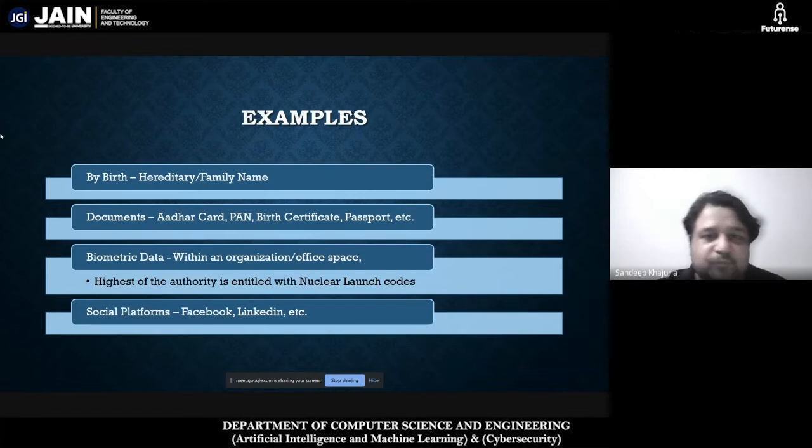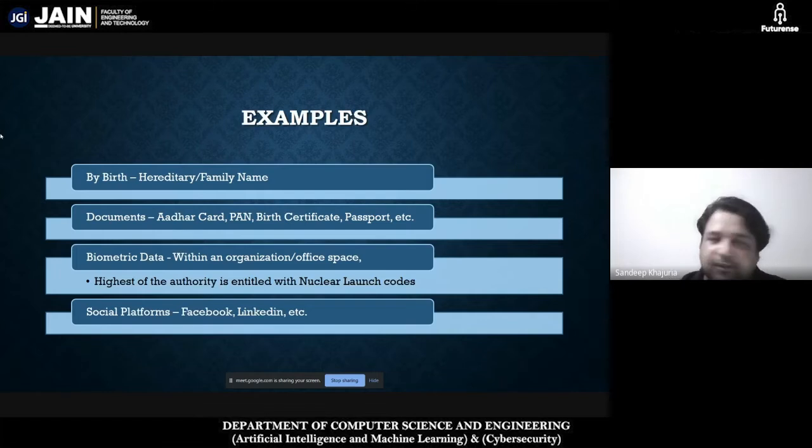Okay. So then comes the biometric data. Your identity by birth is there, then by government is there. Now, when you join an organization, obviously they are going to have a different set of features that are going to identify you. Some organizations only rely on the documents that you have submitted. Some take a step forward.